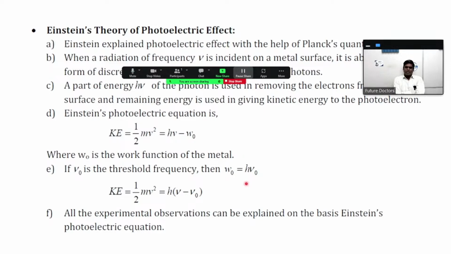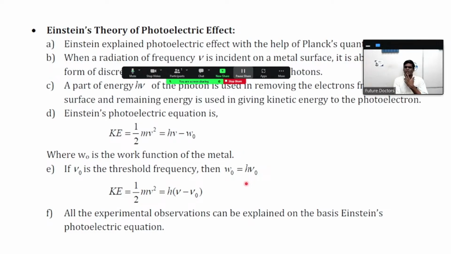Then this equation becomes kinetic energy, (1/2)mv², equal to hν minus hν₀, with h taken outside as h(ν − ν₀). All the experimental observations can be explained on the basis of Einstein's photoelectric equation only.